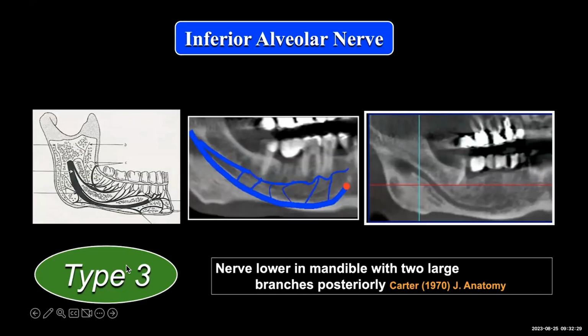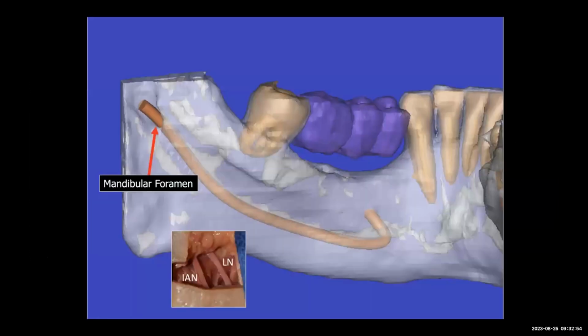The best for you as an implantologist is a type 3 nerve, because the type 3 nerve hugs the inferior border of the mandible, and that gives you the most host bone to place an implant. So again, the three types: type 1, type 2, type 3. Type 3 is the best for the patient for implant placement. Type 1 is the worst. Type 2 is the most common.